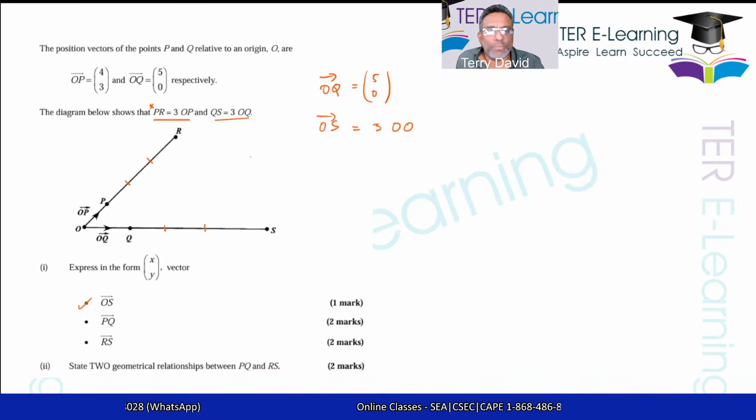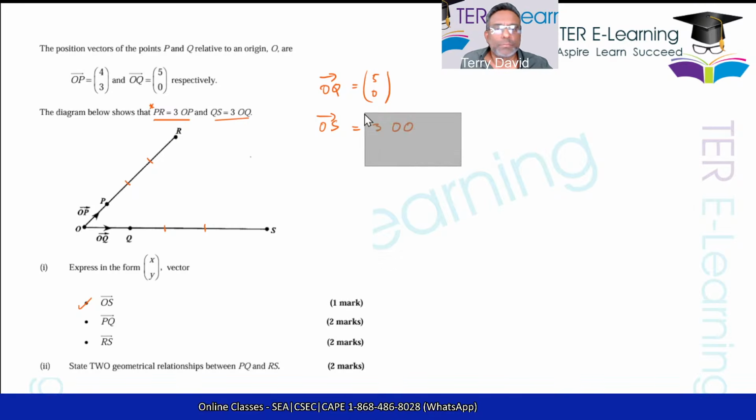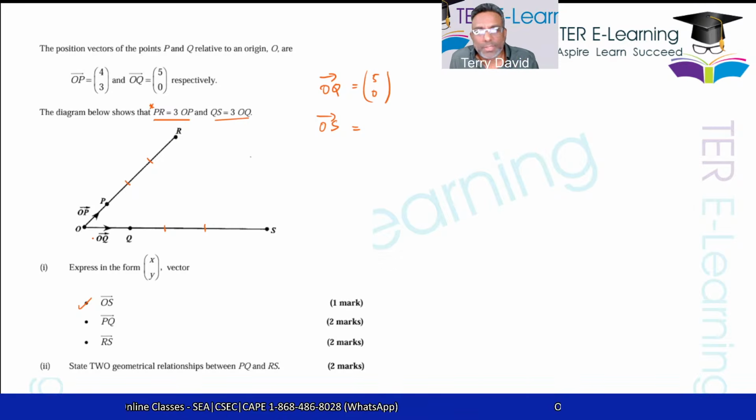I read the letters wrong. OS is this full length here. But that full length is actually 1, 2, 3, 4 times the vector OQ. So it is going to be 4 multiplied by (5, 0). That's going to give us (20, 0). So that's the vector OS here.